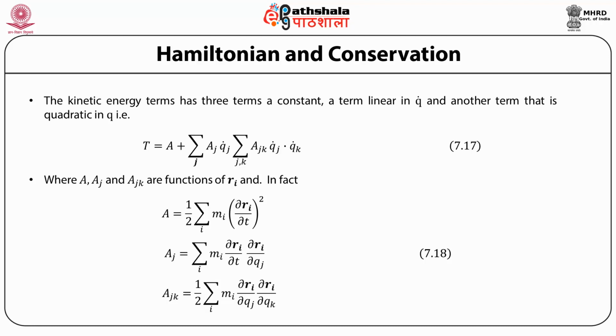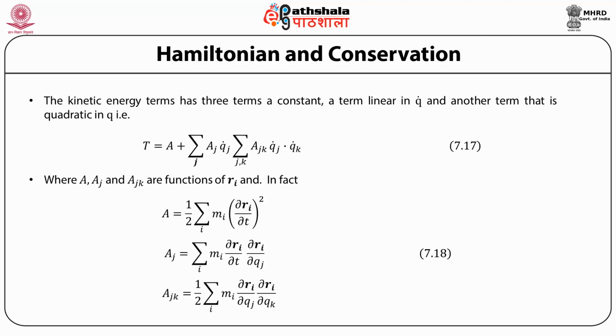So, for holonomic constraints which are also scleronomous, that is, the system is conservative and doesn't depend on time explicitly, the kinetic energy term reduces to a purely quadratic expression in generalized velocities.